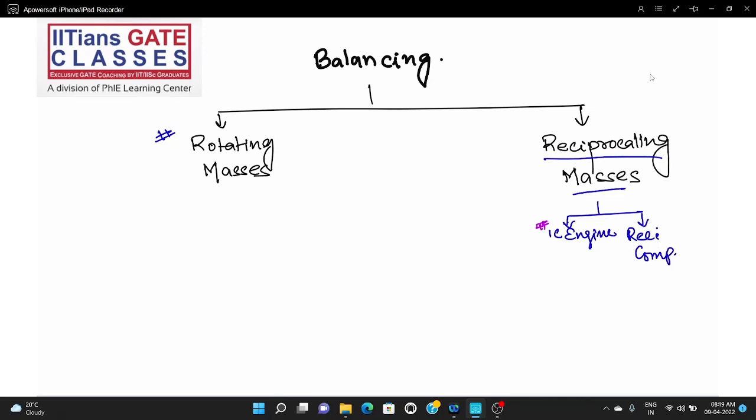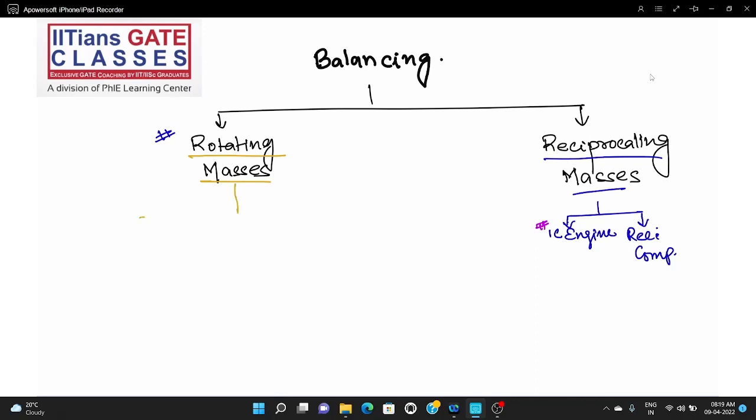But in today's lecture, we will not be doing balancing of reciprocating masses. I hope you have understood why, because it is not very important with respect to this course. But definitely we are going to do the balancing of rotating masses.